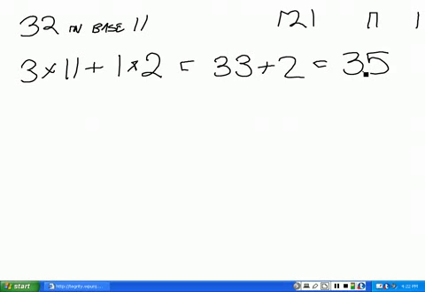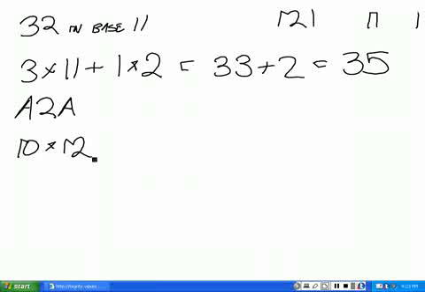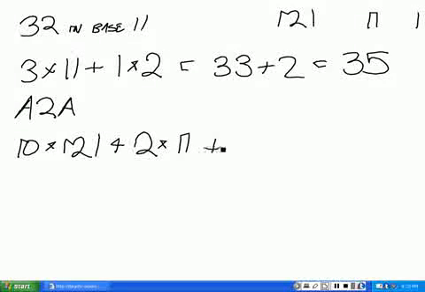Very nice. Now let's try a different number in base 11. Let's say we have A2A. Remembering A is our symbol for 10. So what happens here? Well, we're going to get 10 121s plus 2 11s, and then plus 10 1s.